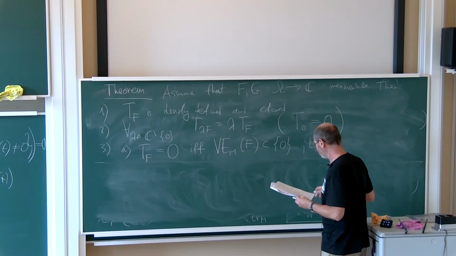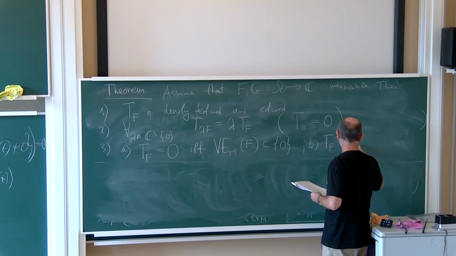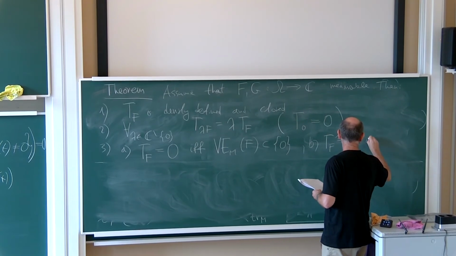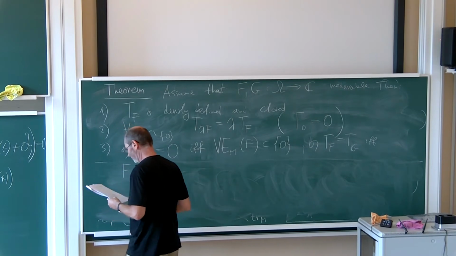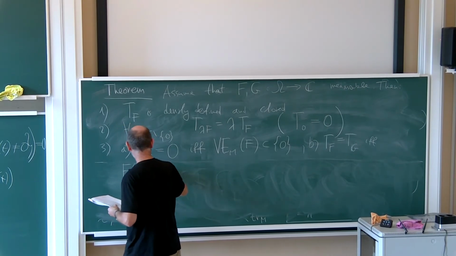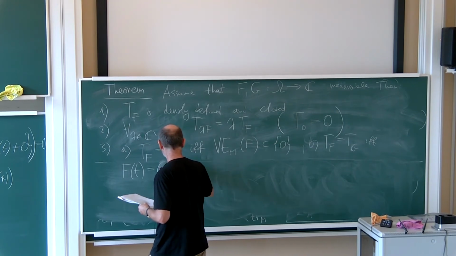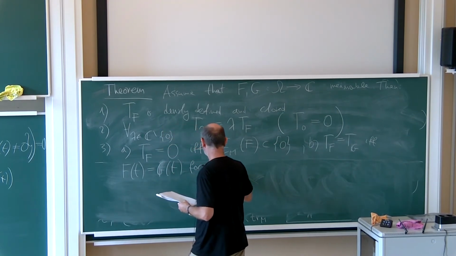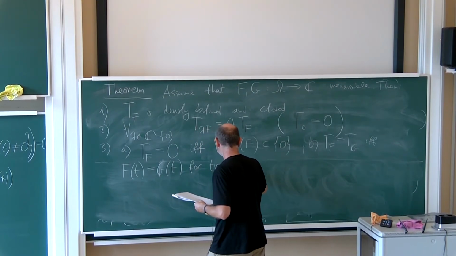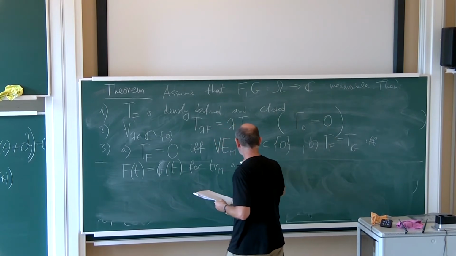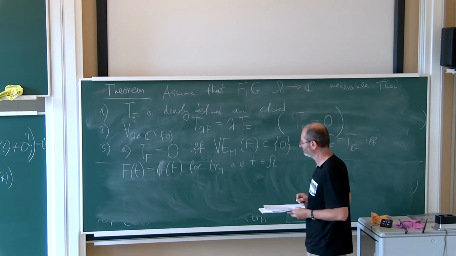And the second part answers your question in some sense. Tf equals Tg if and only if, and this is simple, f of t equals g of t for trace m almost every t belonging to omega.